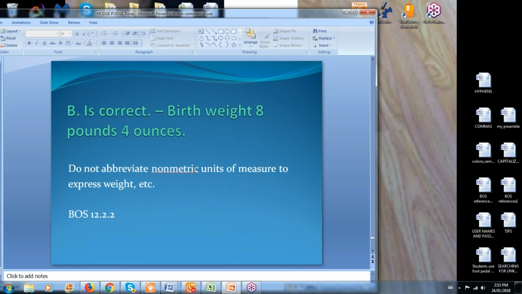Do not abbreviate non-metric units of measure to express weight, etc. BOSS 12.2.2 is where you can find that. No comma. And like I said, if you go to BOSS 12.2.2, it'll show you that you don't use a comma to separate them.